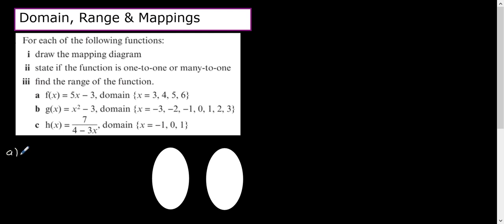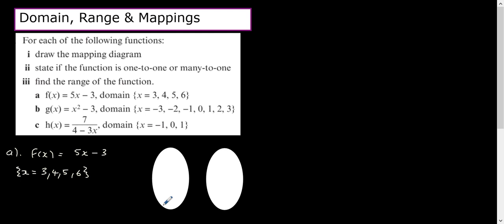So function A, we've got f of x equals 5x minus 3, and our domain is given as x equals 3, 4, 5, and 6. So what's the domain of a function? The domain of a function represents the x values. That's the simplest way that you can think of it.